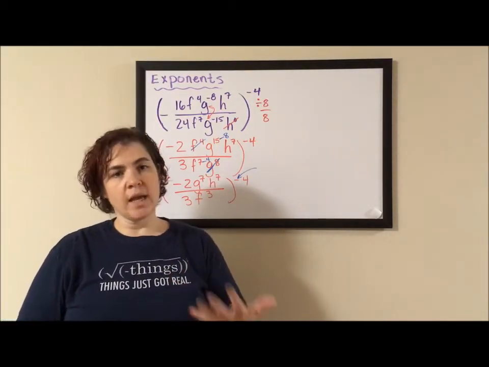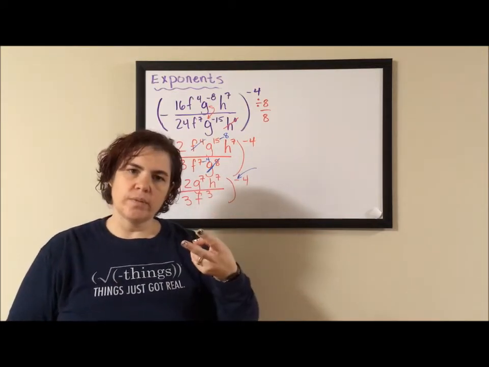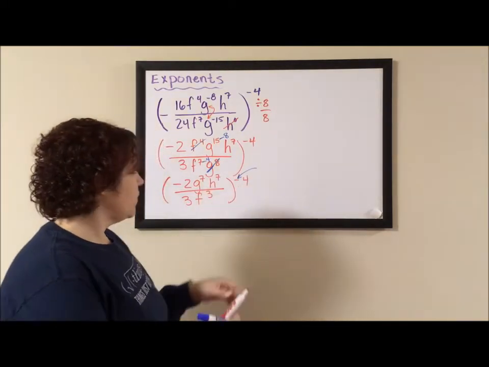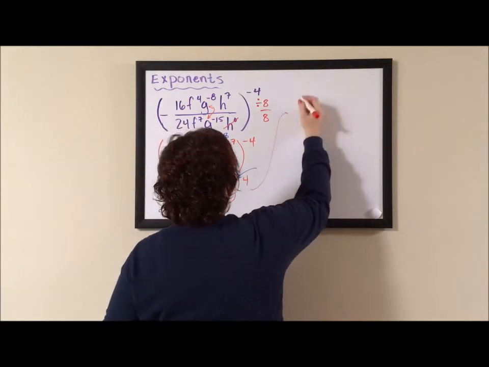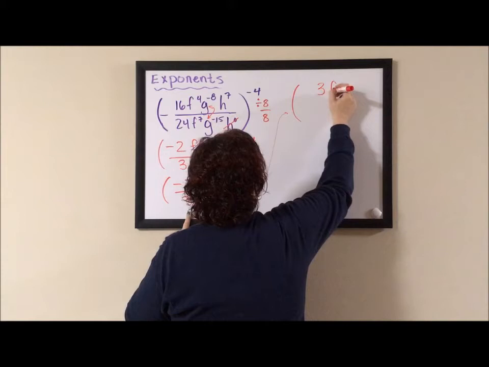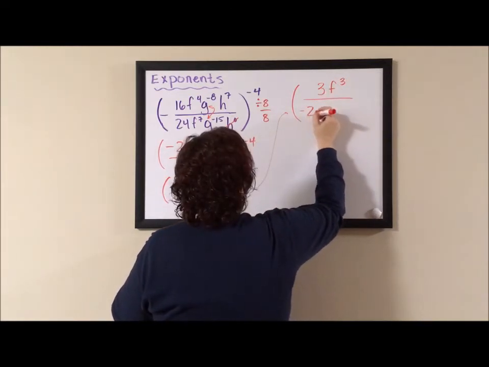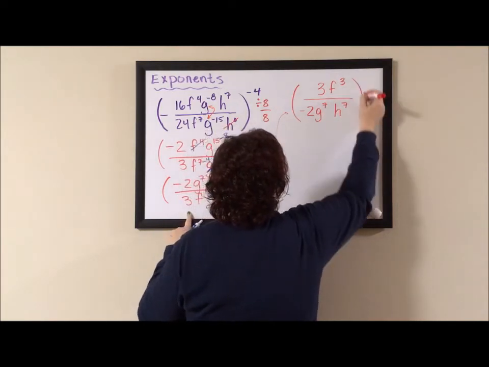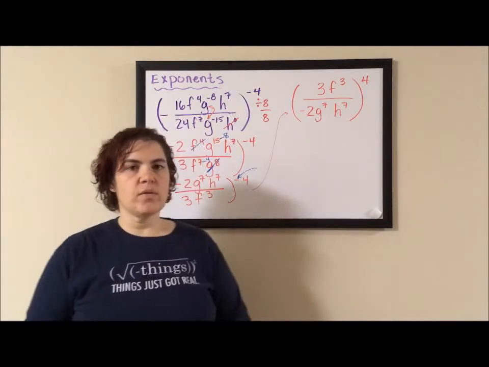A negative exponent attached to parentheses means reciprocal. It means everybody switches sides. So that negative, when I rewrite this problem, I'm just going to find the reciprocal. The 3f cubed comes to the numerator, the negative 2g to the 7th, h to the 7th goes to the denominator, and my exponent becomes positive.